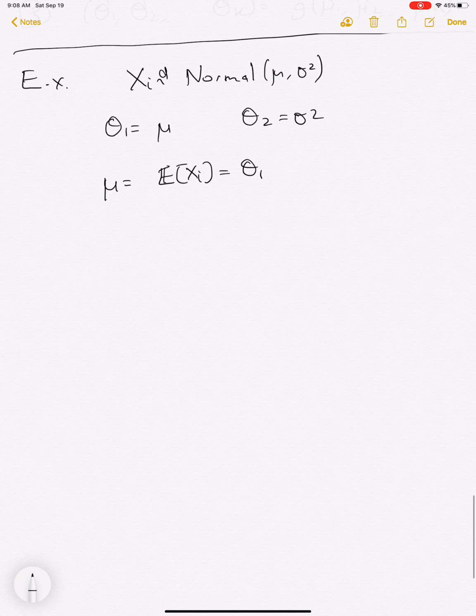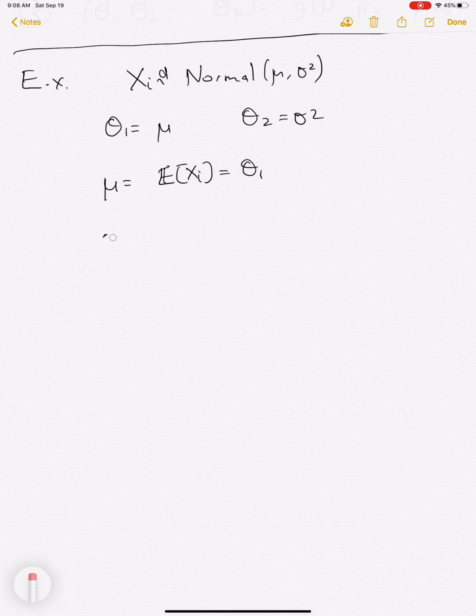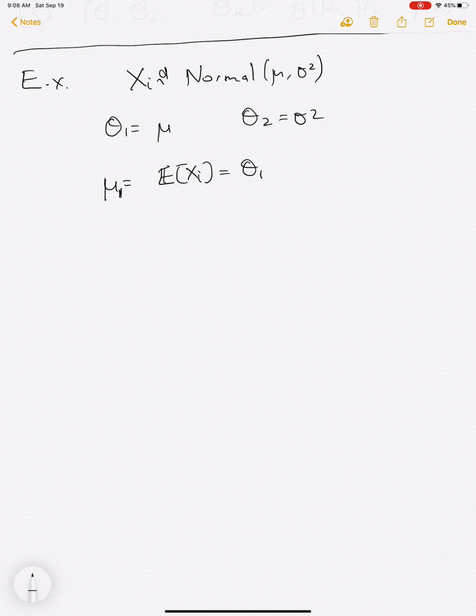And then mu2, which is the second moment, is E of x_i squared, which we know is sigma squared plus mu squared.